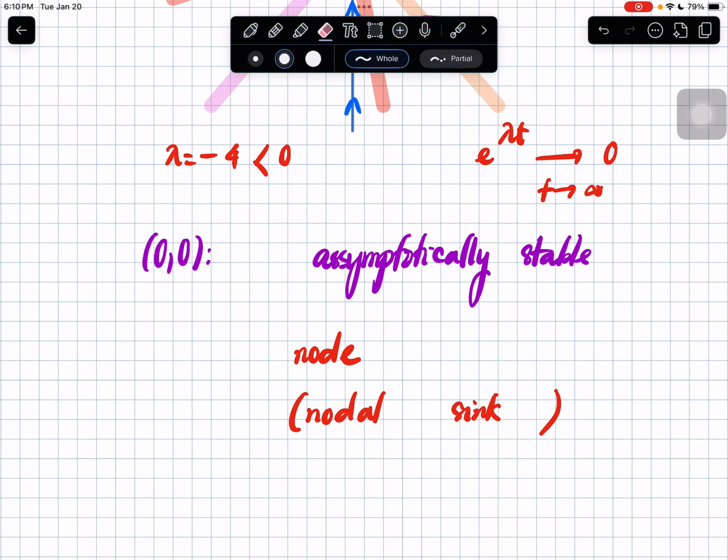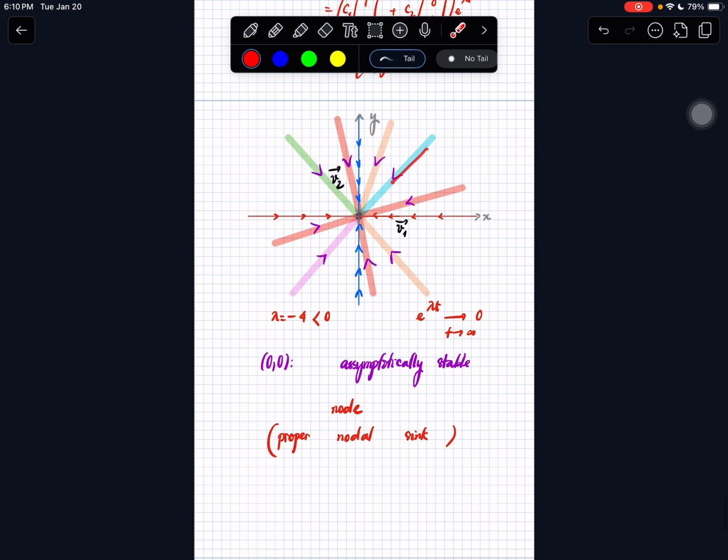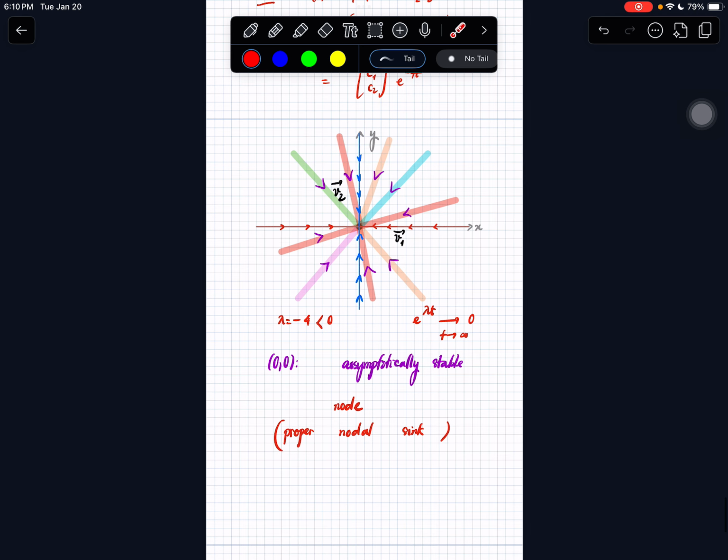And that node is proper, meaning the trajectories don't share the same tangent, for example. So it is asymptotically stable, and this is a node.